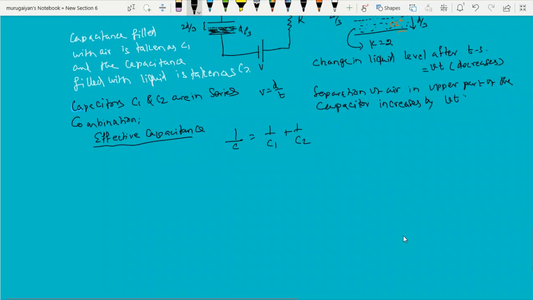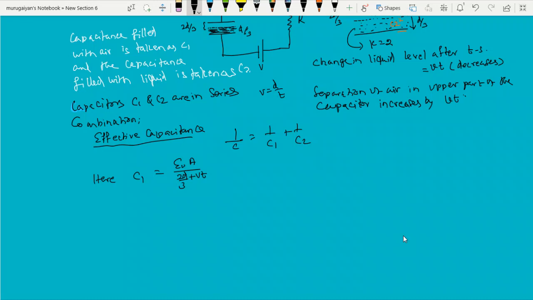What is C1? Epsilon naught A, equal to 1 unit, divided by the separation. Initial separation is 2D by 3, and the increase in separation is Vt, correct? This is the total separation. After t seconds, the air medium width increased by Vt, and the liquid decreased by Vt.